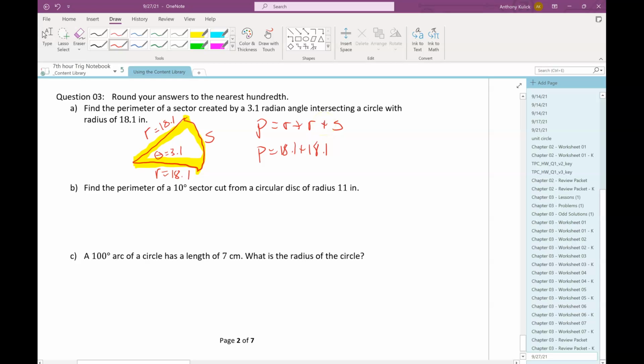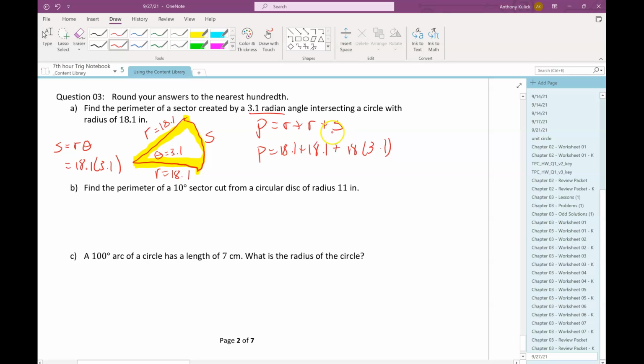S is an arc length, right? Since the angle in this case is given in radians, I can use the radian version for the arc length formula. So that's just going to be 18.1 times 3.1. Is that okay?